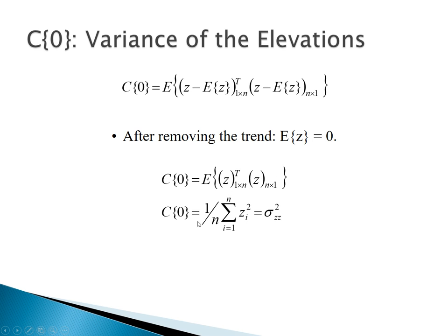And so mathematically we can calculate E[Z^T Z], the expectation of the known Z's, and then we can calculate C0 as 1 over n times the sum of all the Z's squared, and that's going to give me my sigma squared, which is my variance.